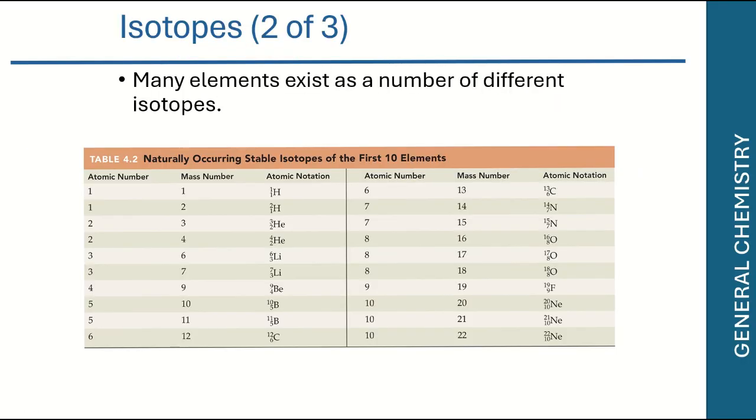We have many elements that exist as a number of different isotopes. It's a very simple example. If you go to Publix or another store, we're going to find different types of oranges or different types of onions, but they are still onions, they're still oranges, they're still apples, but they are different, right?